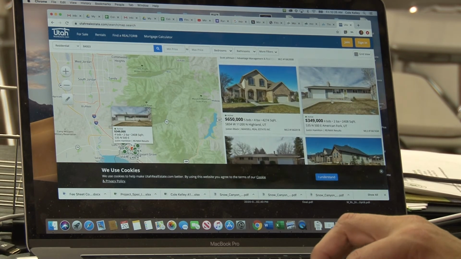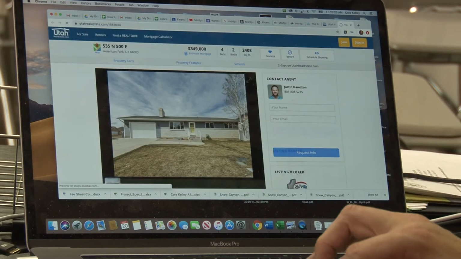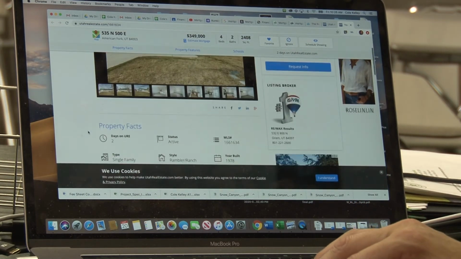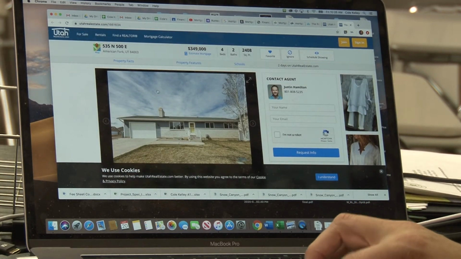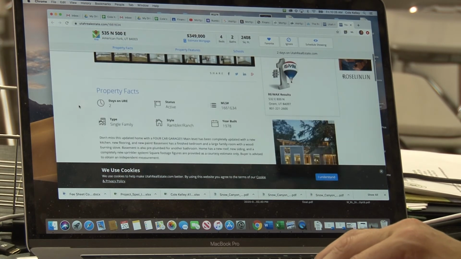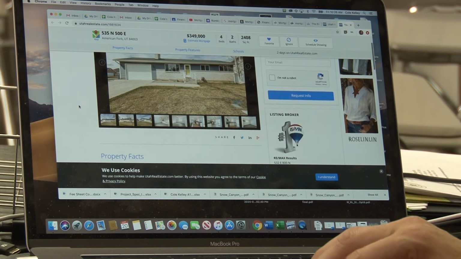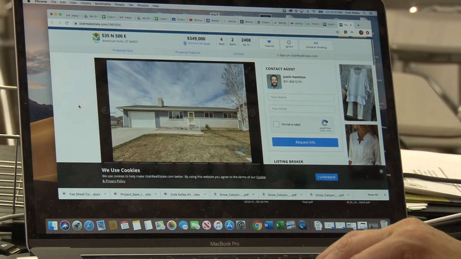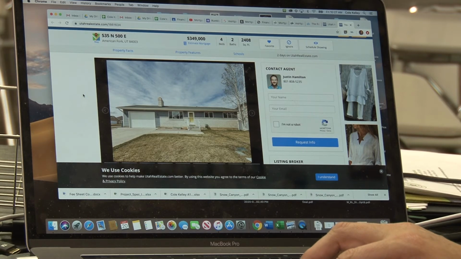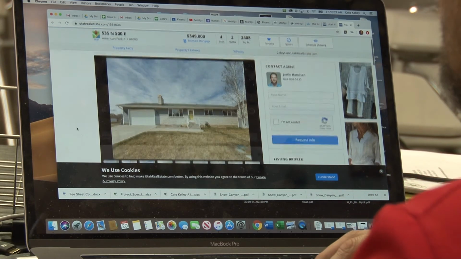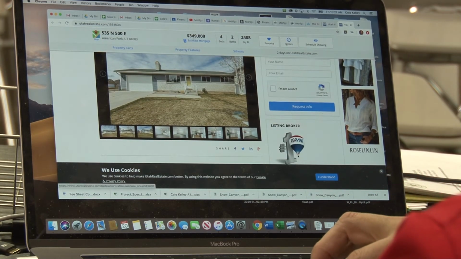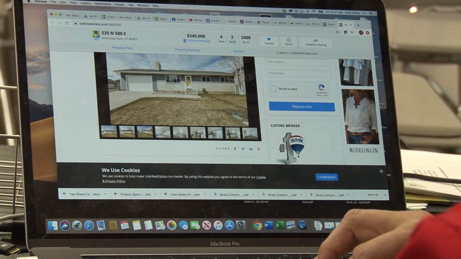Here's a little rambler in American Fork. It has 4 beds, 2 baths. It looks like the price of this is $350,000, and so let's buy that home. That would be a good starter home. $349,000 for that home, 4 bedrooms, 2 bath.